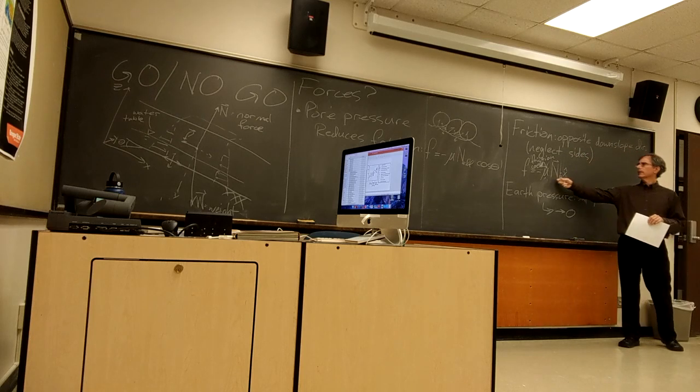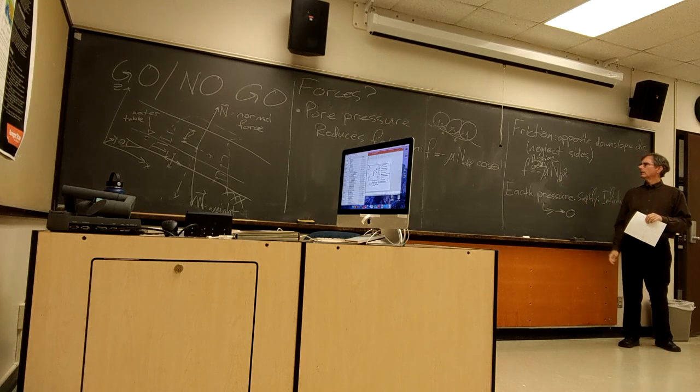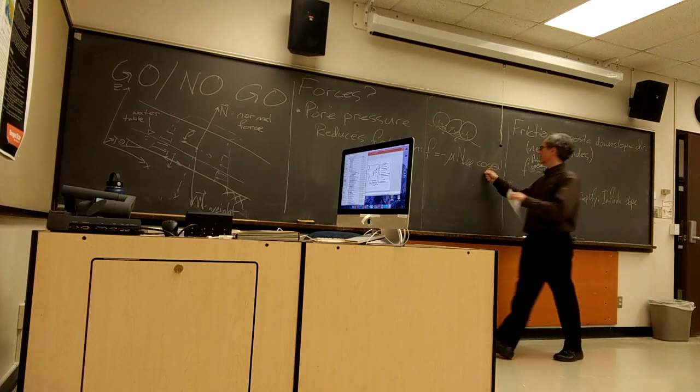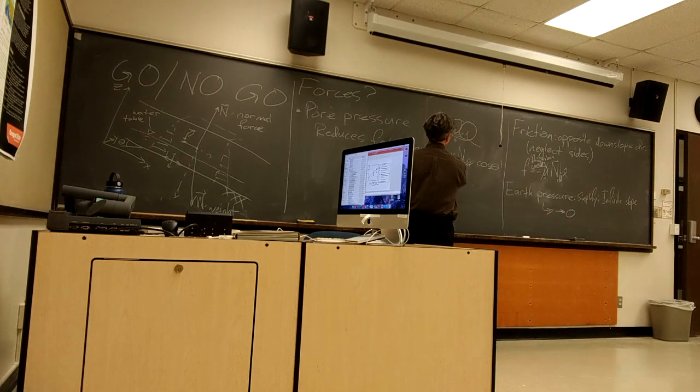So the dot product of my effective normal force with the x direction. Here, that gives me the cosine here. Okay, and the negative.